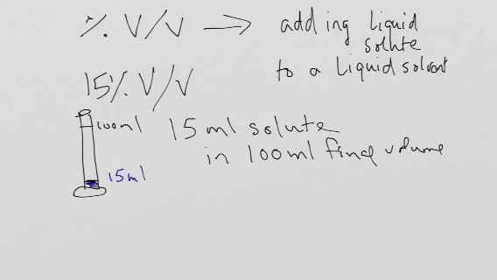So then I am going to add 85 milliliters of solvent, and those should equal 100. As soon as you see that percentage sign, you know that your final volume is going to be 100 milliliters.